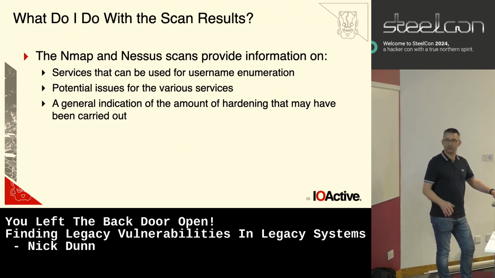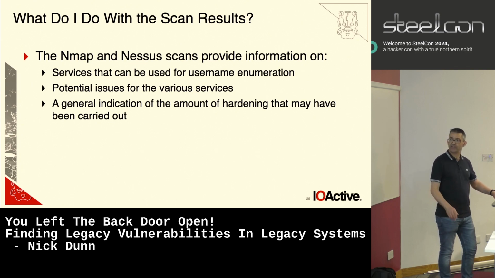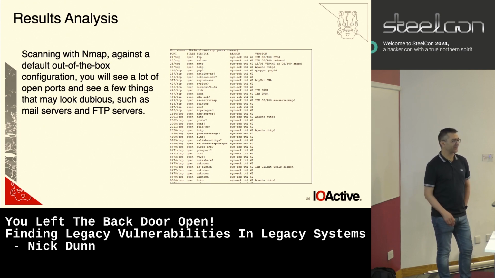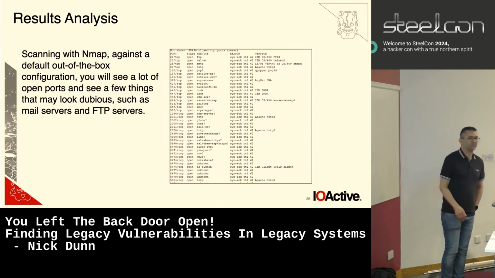Those scan results then will give us that nice basis to work through. I appreciate you probably can't read all of that from the back, but that's what you might see on a default state system, which gives you a huge number of things to look at.